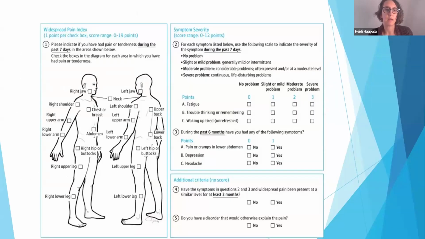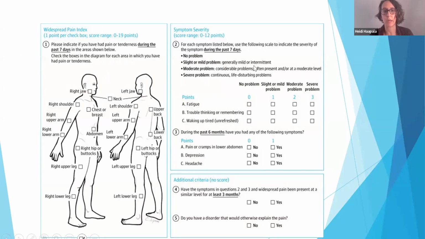This is a scale that some doctor's offices or research labs use for evaluating pain and deciding if there's a nocipathic component. So again, you see here the body map with multiple areas, and if you fill this out, you check which areas have been painful in the last week. So if you end up having shoulder pain, back pain, headaches, we start getting multiple check boxes here.